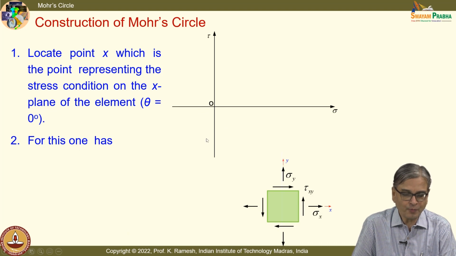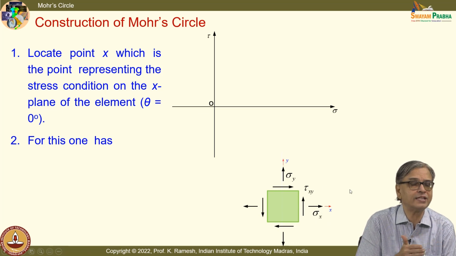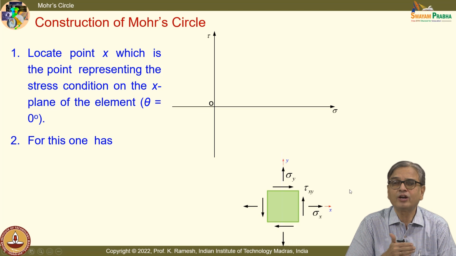See, what we are going to plot is the stress vector acting on plane x and the stress vector acting on plane y. And on plane x, I have a normal stress sigma xx and a shear stress tau xy. And in the representation, I have also used the equality of cross shears.